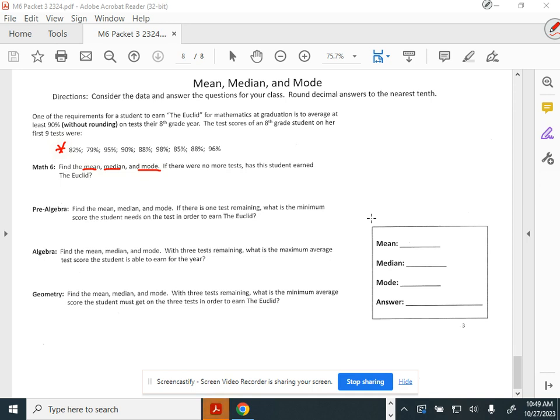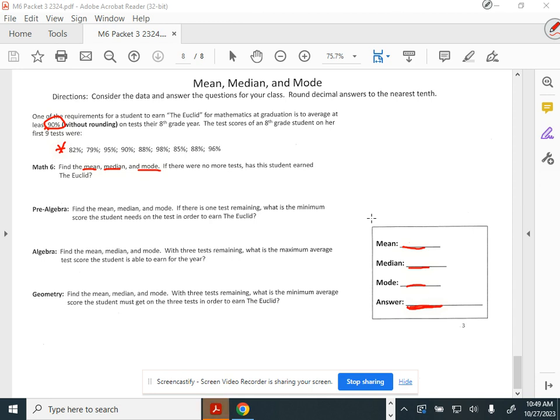And then if there were no more tests, has the student earned the Euclid? Did they have a mean of 90%? So we actually do have an answer we have to put on this line. We're going to put our mean, our median, and our mode, and then answering the question yes or no. Did they get the Euclid? Did they get 90% on their test?